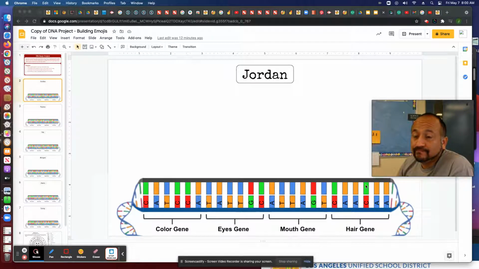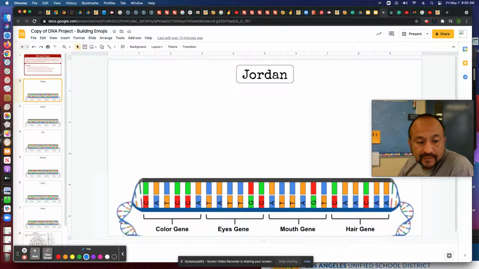And how are we going to build this emoji? Well, we have Jordan's DNA. And the DNA is here in this helix formation. And we're going to take its DNA code. And this is what it is.